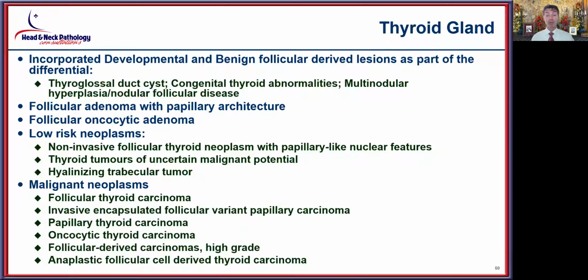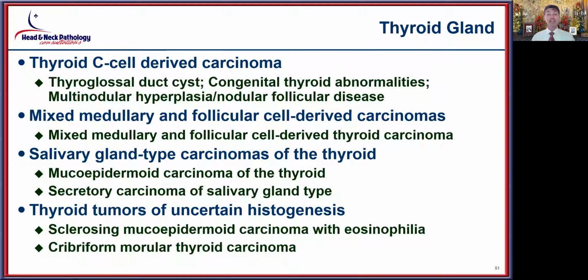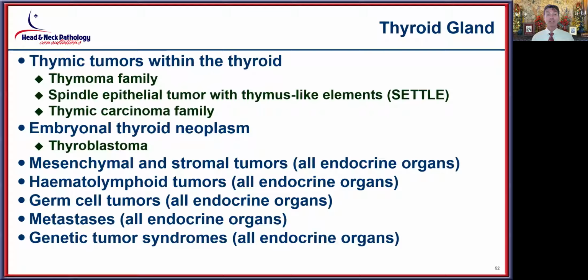And then of course the primary follicular-derived malignant neoplasms, then C-cell-derived tumors, mixed medullary and follicular C-cell-derived lesions, salivary gland type tumors as they affect the thyroid gland, and then the thyroid tumors of uncertain histogenesis, where cribriform morular thyroid carcinoma and sclerosing mucoepidermoid carcinoma with eosinophilia have been included.